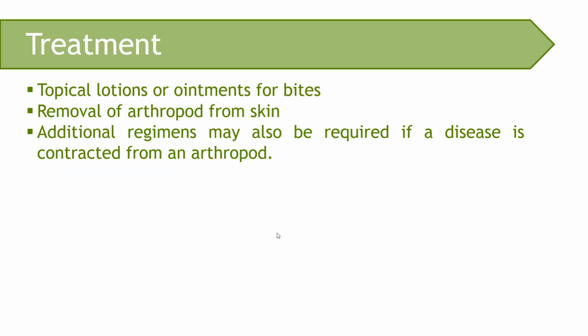Now, treatment usually involves the use of topical solutions, lotions, or ointments for the bite. And complete removal of the arthropods is recommended so that there will be no reinfection.